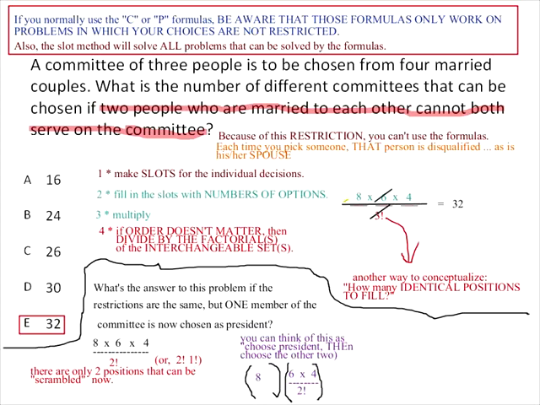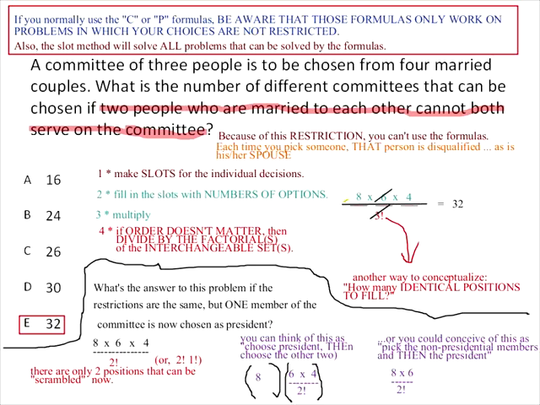Also, there's no reason you have to pick the president first. Or you could conceive of this as pick the non-presidential members, and then the president. In that case, the non-presidential members would be 8 times 6 over 2 factorial.